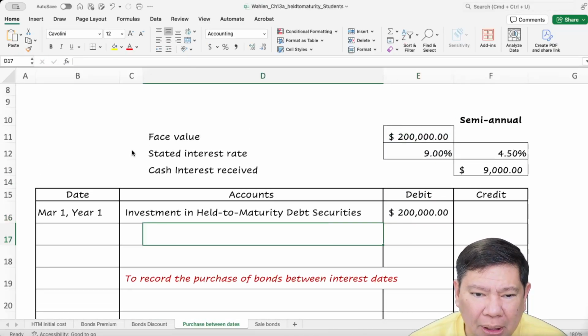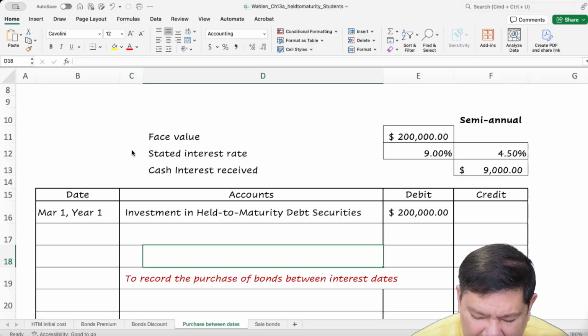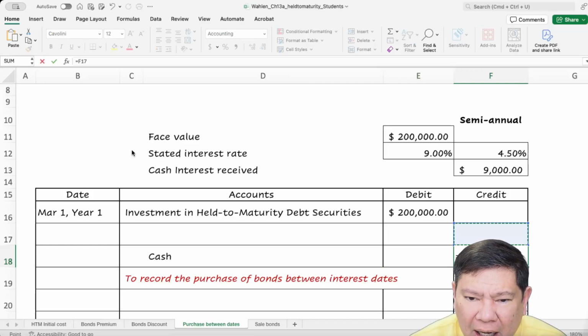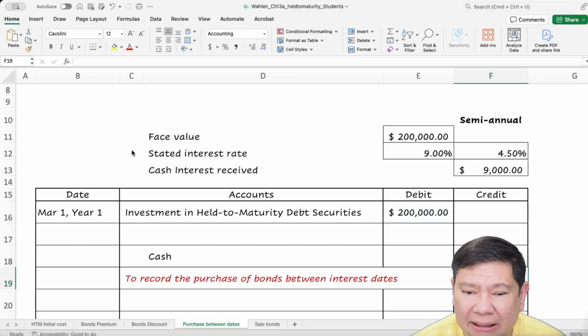Okay, but then we will pay cash the $200,000 plus the $3,000 for the accrued interest.